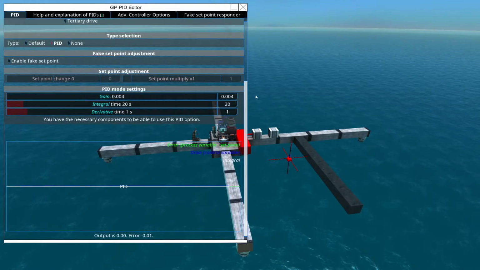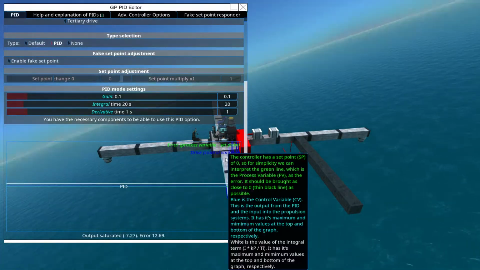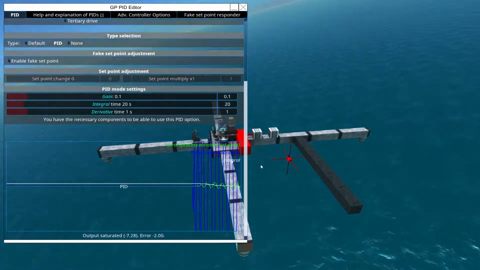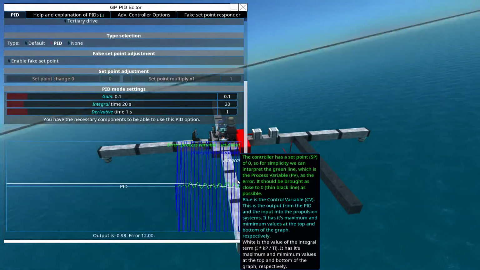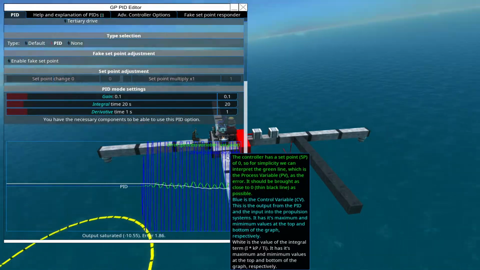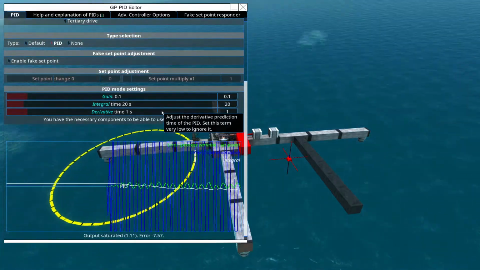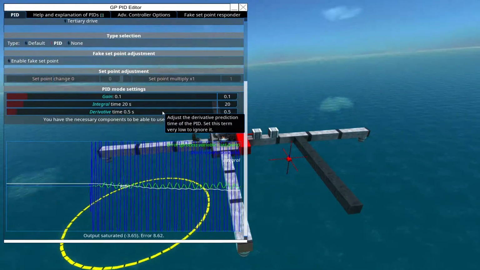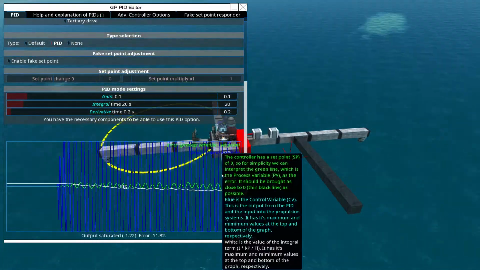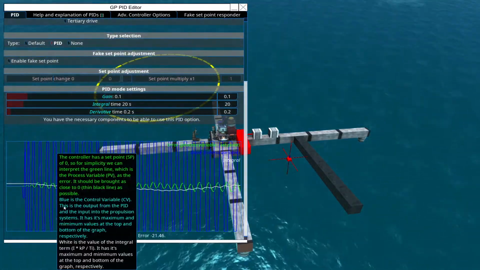So again, if I make this thing unstable again by increasing the gain, now this is way too aggressive. I can fix this issue also by adjusting the derivative exactly to the time between two peaks. So if I decrease that, and now I have to get this value exactly, you can already see it changes the behavior a little bit.